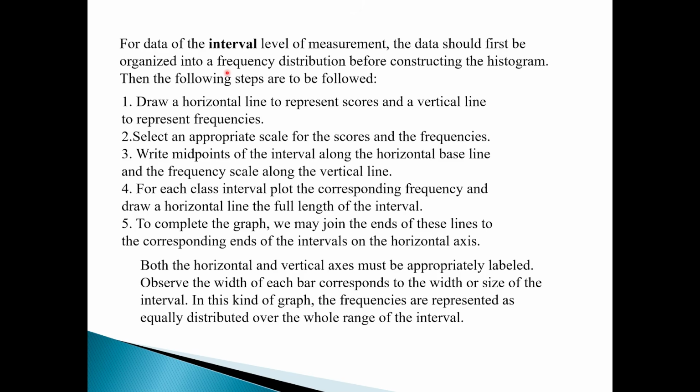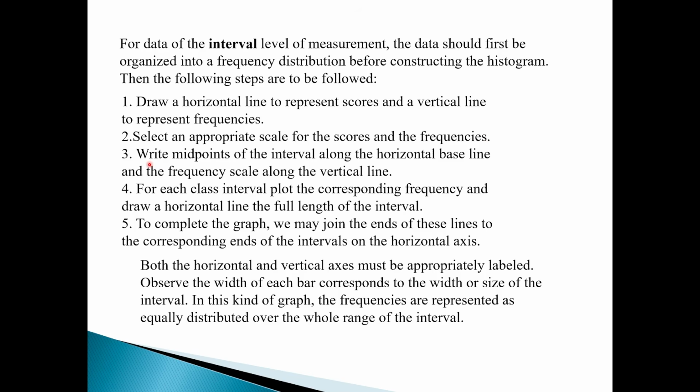After creating your frequency distribution table, what's the step? For interval data, this is the first step. Draw your horizontal line to represent your scores, and your vertical line to represent your frequency. Scores are also your categories. Select an appropriate scale for the scores and the frequency.